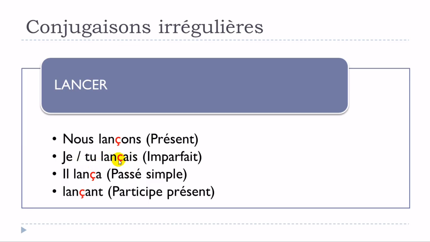So instead of just putting this c here, you will put this cédille and you will get je lançais, tu lançais. Okay, for the passé simple, it will be exactly the same thing. We only need to put this cédille and we'll get il lança, all right? And then participe présent, exactly the same modification. Just need to put this cédille to get the s sound, lançant.